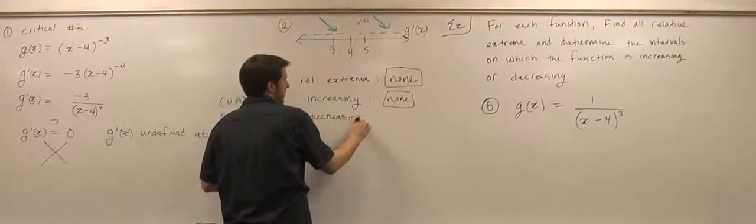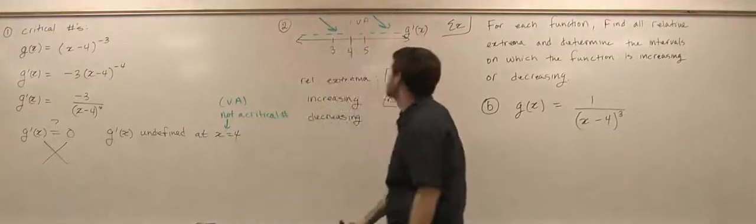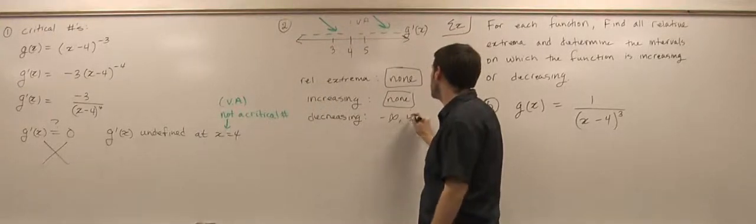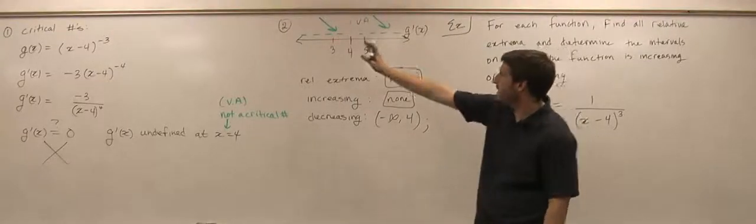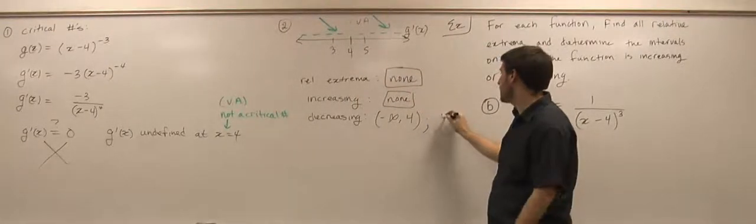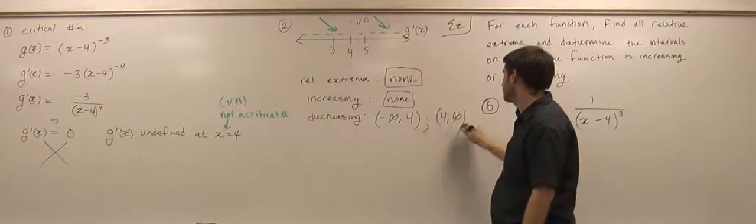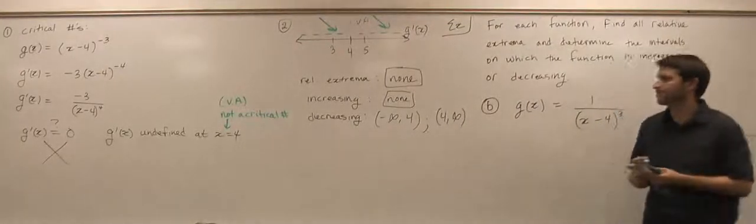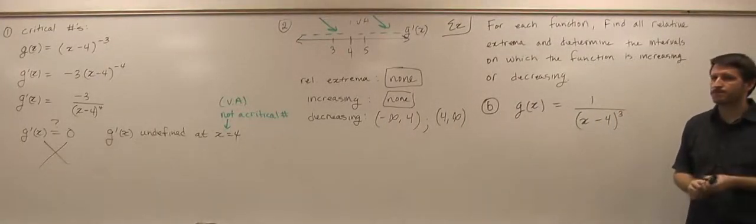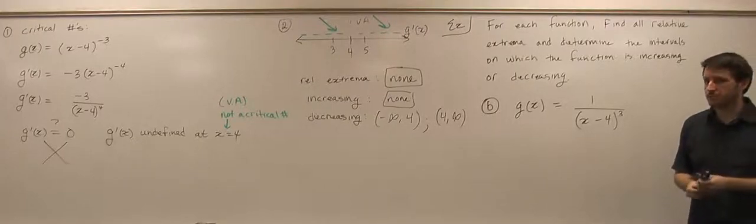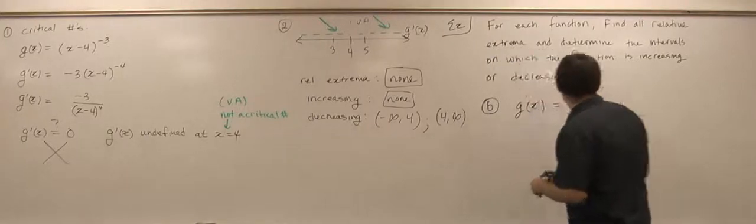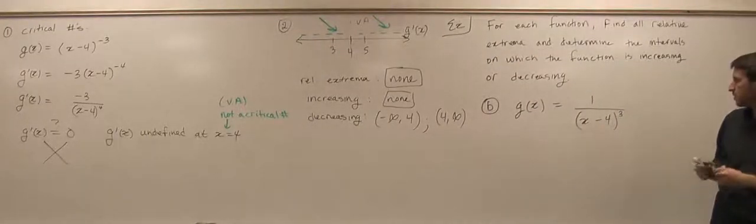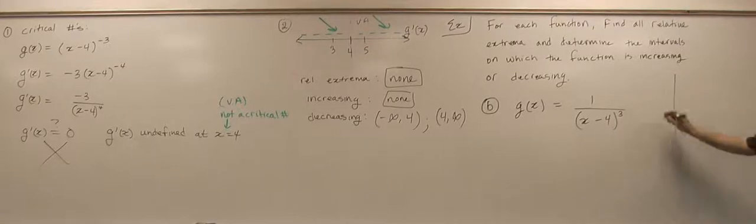When is my function decreasing? Negative infinity to 4, union, it's decreasing on that interval, and then after that it's decreasing again. Do you guys know what this function looks like? Oh, okay, never mind. 1 over x squared.